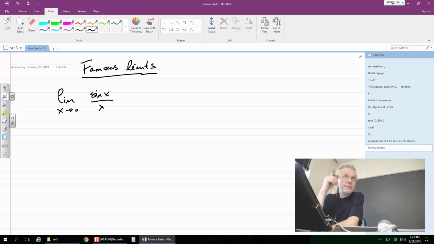Sine x over x. How about this: sine x minus sine 0 divided by x minus 0? It's the same thing.